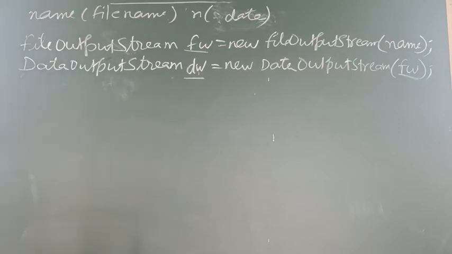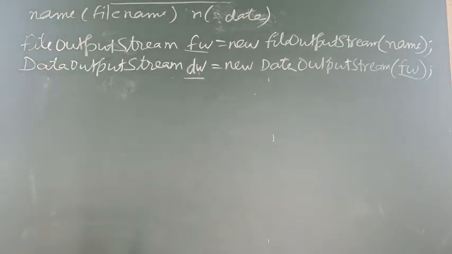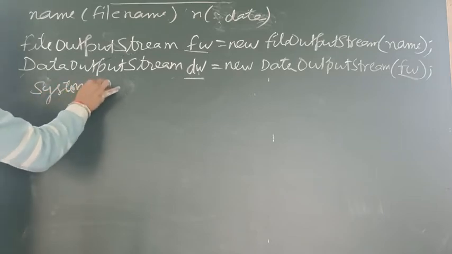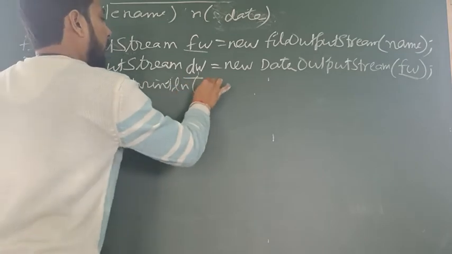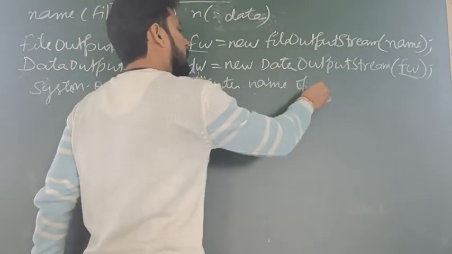Now after that we have to write, suppose we have to write 5 student names or a single student name. ठीक है, हम एक सिंगल स्टूडेंट का नाम उसको प्रिंट करके देखते हैं जैसे कैसे करेंगे. तो फर्स्ट वी हैव टू टेक द नेम ऑफ द स्टूडेंट. So suppose System.out.println, enter name of student.